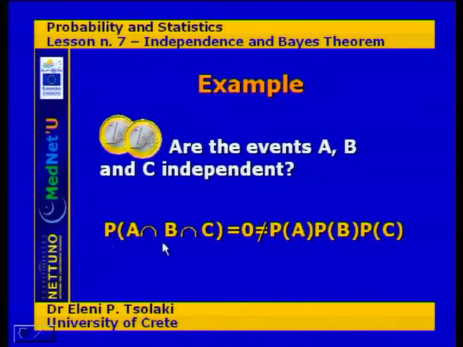We can also calculate the probability of A times the probability of B times the probability of C. We know that this number is greater than 0, and so this probability is not equal to this one.